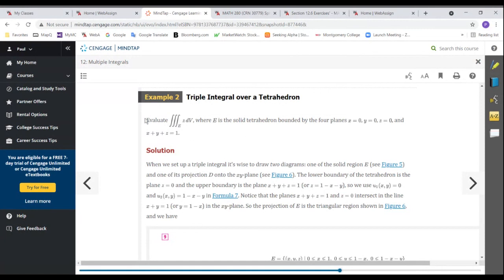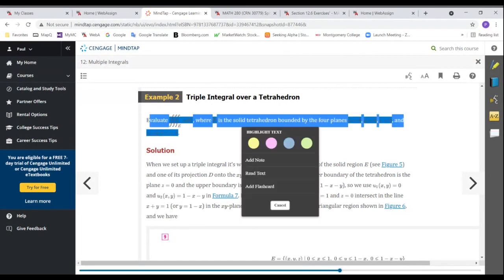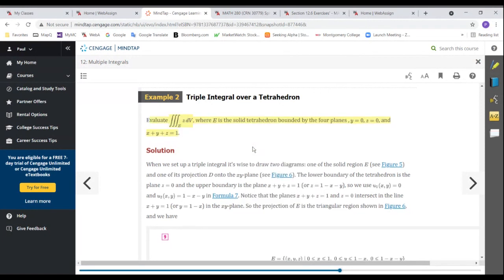In this problem, you're computing a triple integral, and what's your solid E? Well, it's a tetrahedron bounded by 4 planes. Okay, and so we have to get the limits.